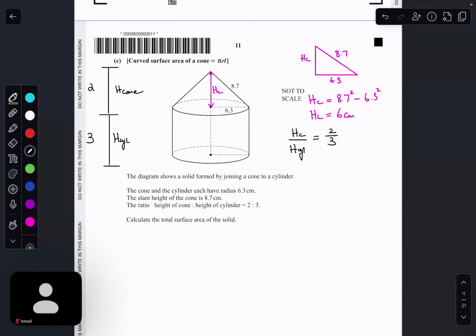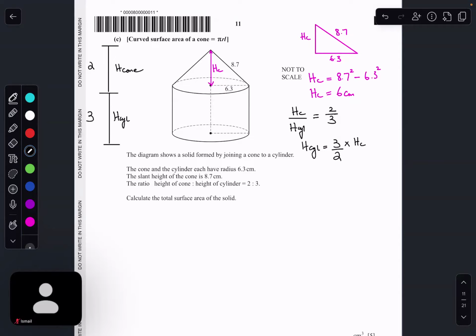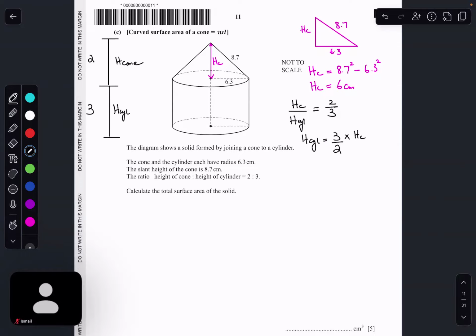To figure out the height of the cylinder, I can rearrange this, okay? And this will be 3 times the height of cone divided by 2. I just rearranged this, okay? Cross multiply it and then make height of cylinder as the subject. Is that clear?